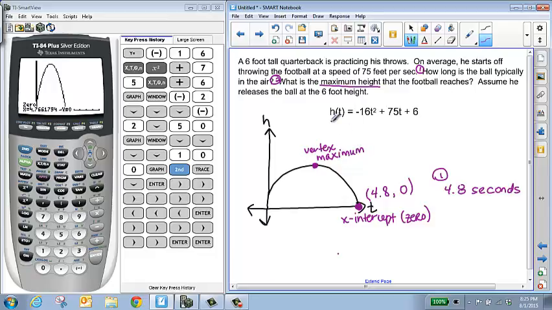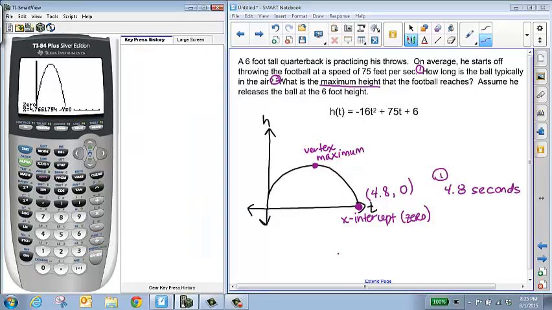So again, we're going to come back to our graphing calculator. I'm going to clear the history here so that you can follow along. Since we already have our function in the y equals, we don't need to go back through and enter that in again. Since we already hit graph and we adjusted our window so that we can see where that maximum point is, we don't need to adjust our window again.